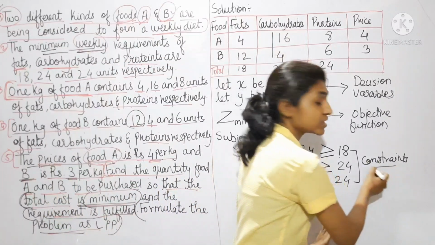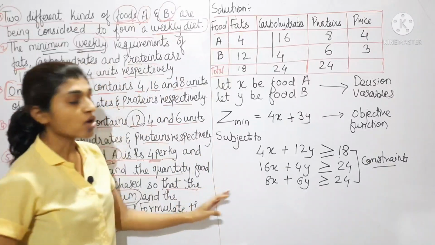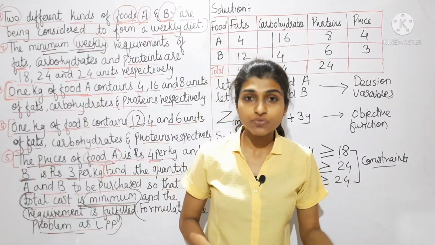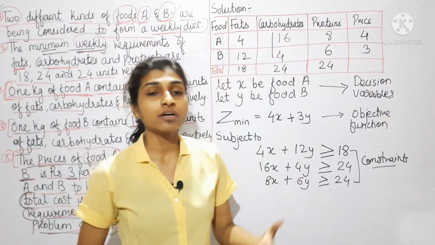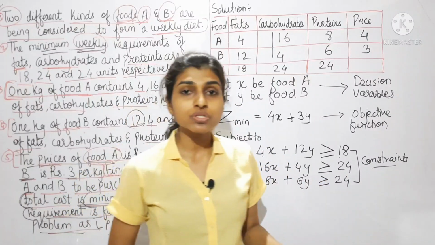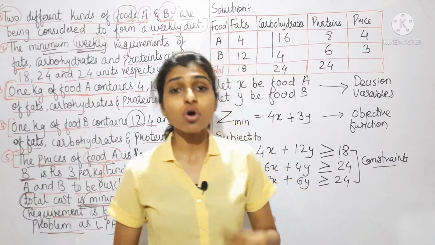Now we have to find the non-negativity constraint, also called the physical constraint: x is greater than or equal to 0 and y is greater than or equal to 0. Why?